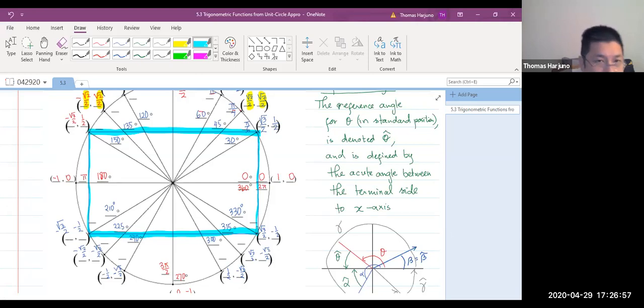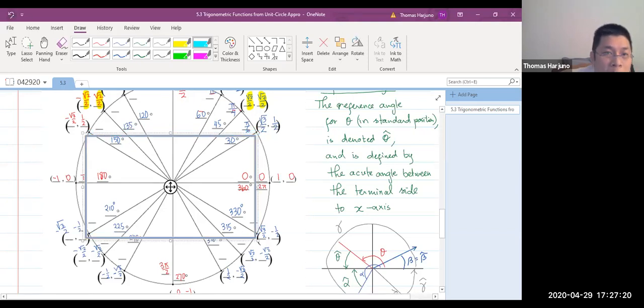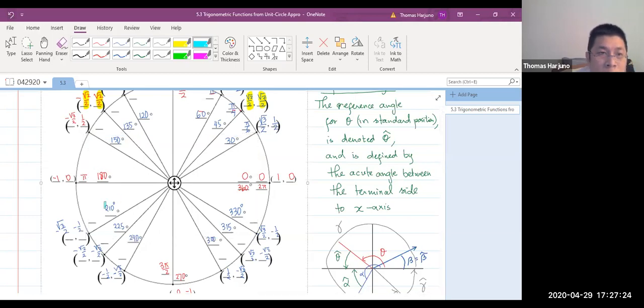And all the angles have the same reference angle. So one thing we will do later on, I think in the next section, is once we know an angle, we can find the reference angle, and from there we will be able to find the value.